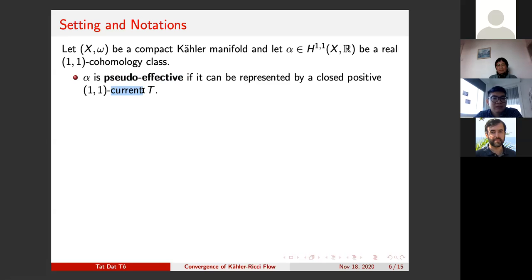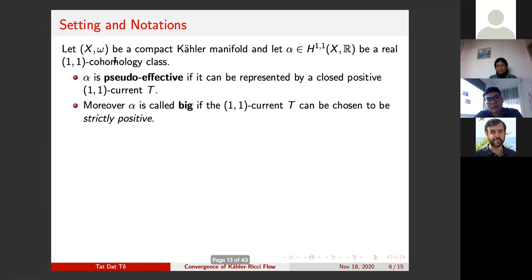A current is a generalization of forms, in which the coefficients are defined in the distribution sense. Okay, so it's very short. You can imagine it as some forms with special coefficients. Here alpha is called big if the current T can be chosen to be strictly positive.